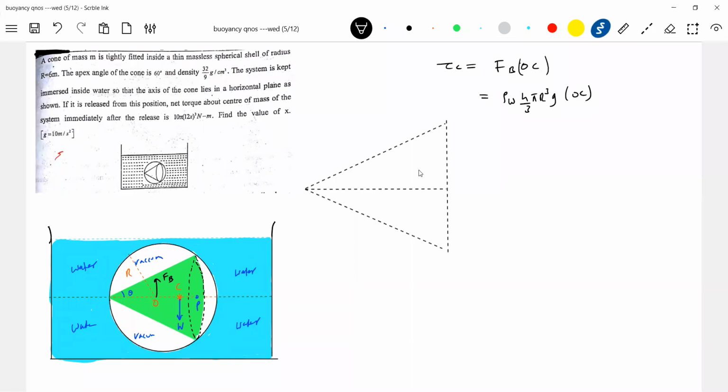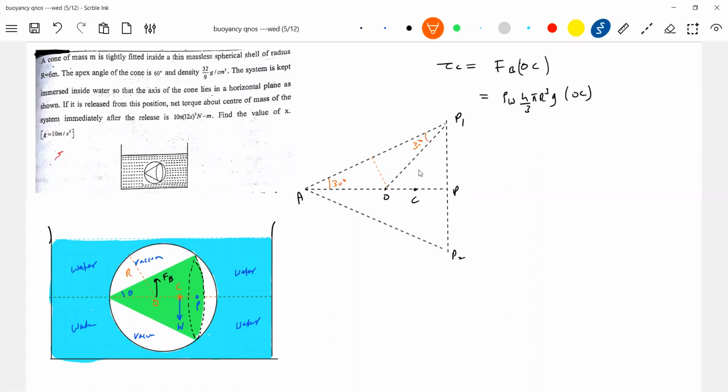Okay, now this is O. This is A. This is P1. This is P, P2, and this is the center C. This is 30 degrees.